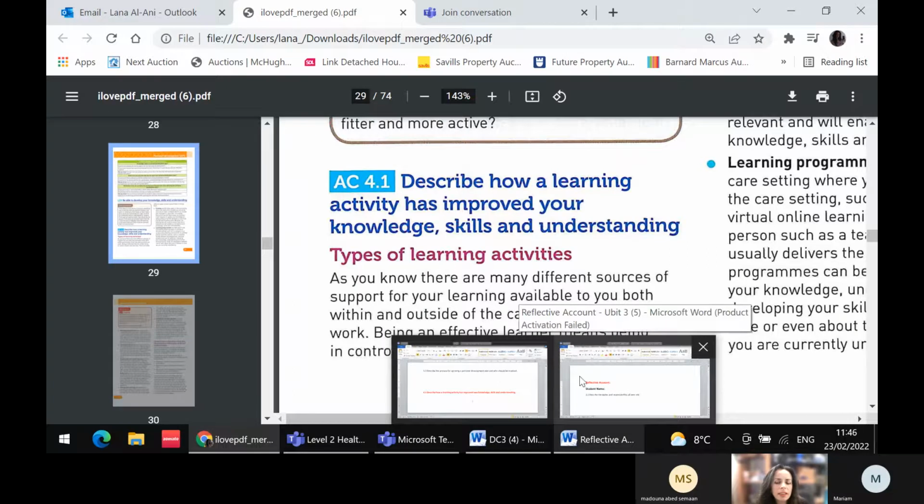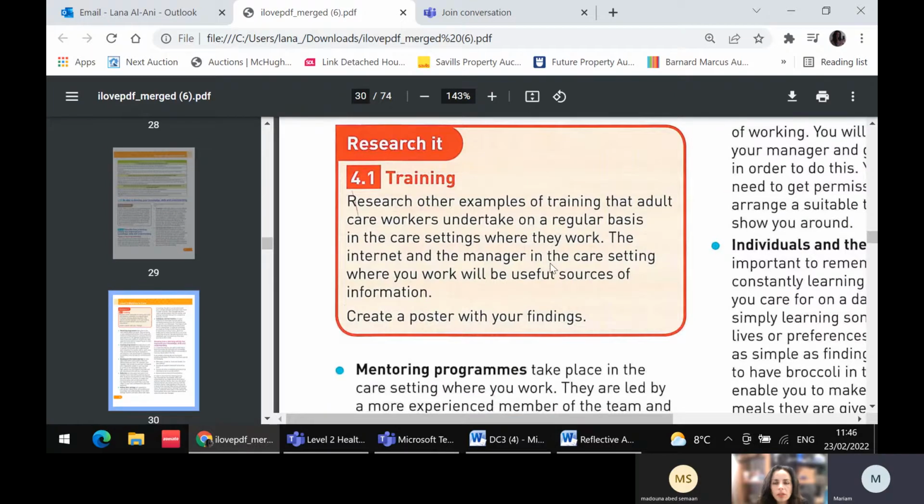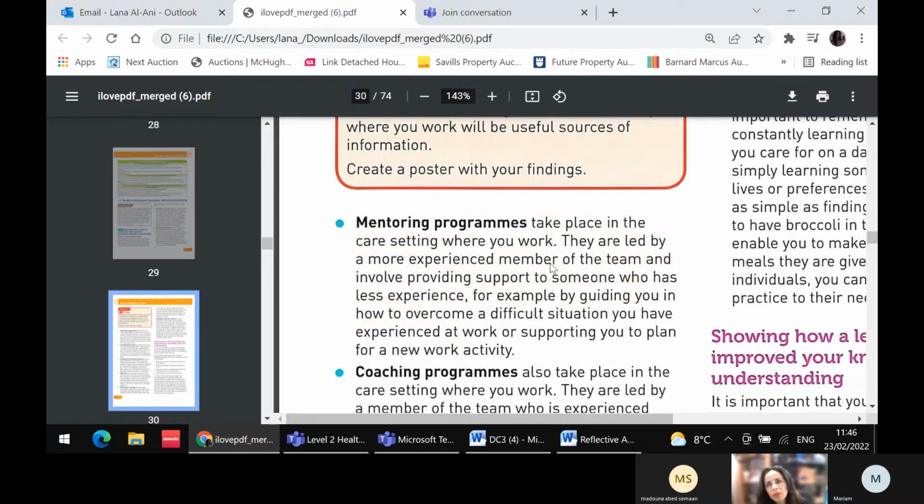You can bring any example. Yeah, exactly. Or for example, you say when you started working, your manager was mentoring you, helping you throughout the way because you had little bit of knowledge, and then they started showing you how to do things correctly with the clients, how to sit with them, how to talk to them, and how to handle and manage difficult situations.